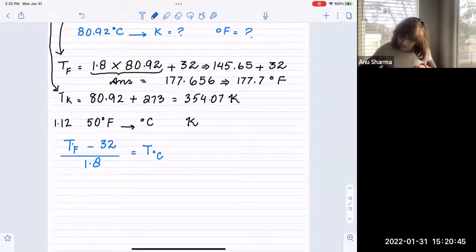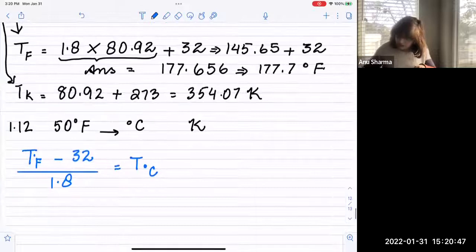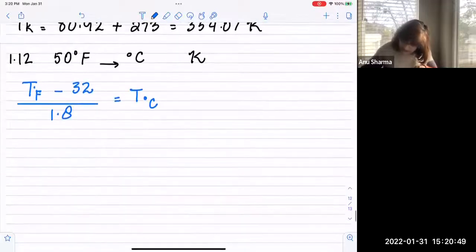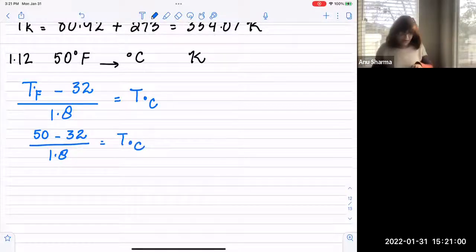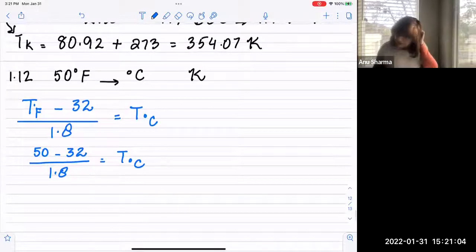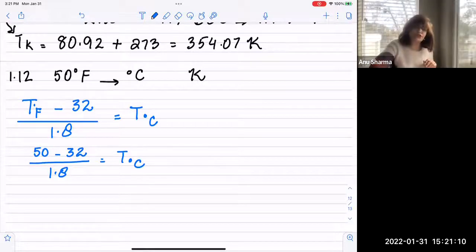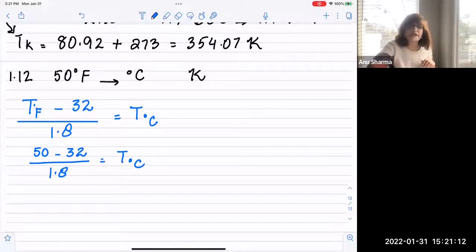So let's do this one: 50 minus 32, divided by 1.8, is equal to T degrees Celsius. In this case, 50 minus 32 is already in the numerator and 1.8 is the denominator, so we will just do the subtraction and then go from there.